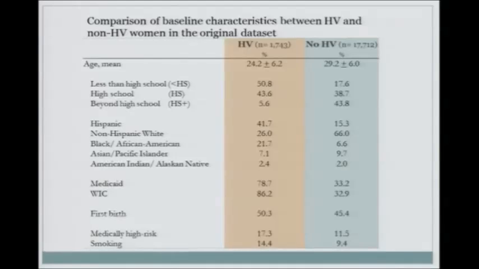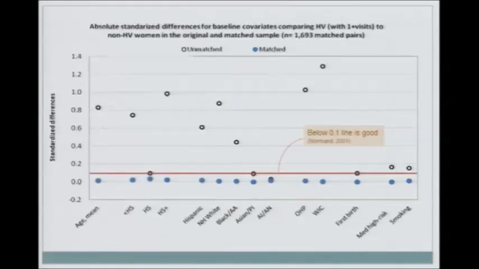So here are, if we try to do the balance diagnostics before matching, we have our 1,700 home visiting clients and the 17,000 who didn't get home visiting according to the record linkage, right? You can see how different the characteristics are, hugely different. You know, we would expect this. And the idea behind the matching is this, I'll orient you a little bit.